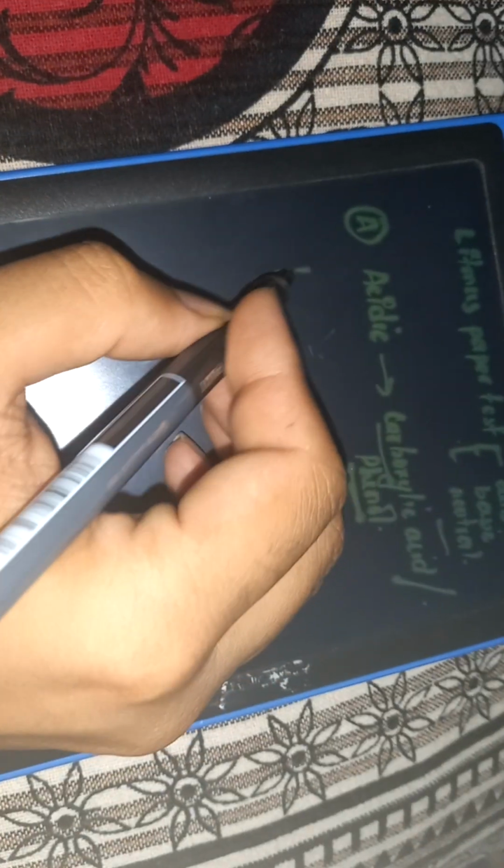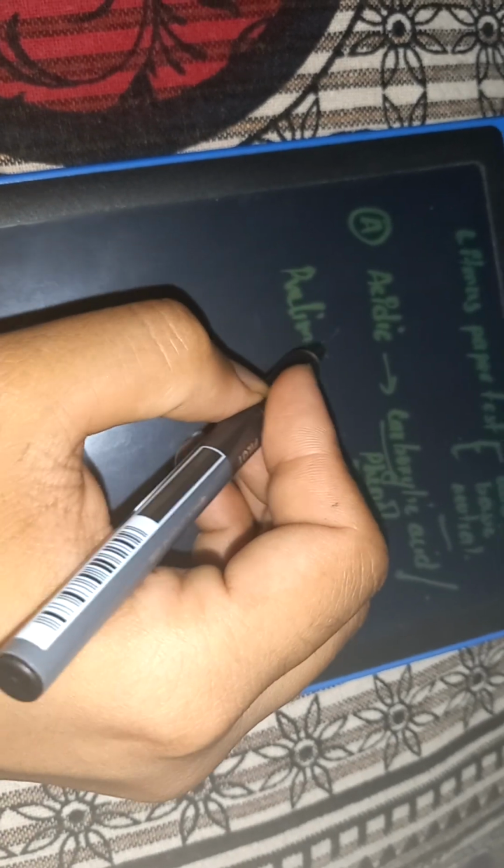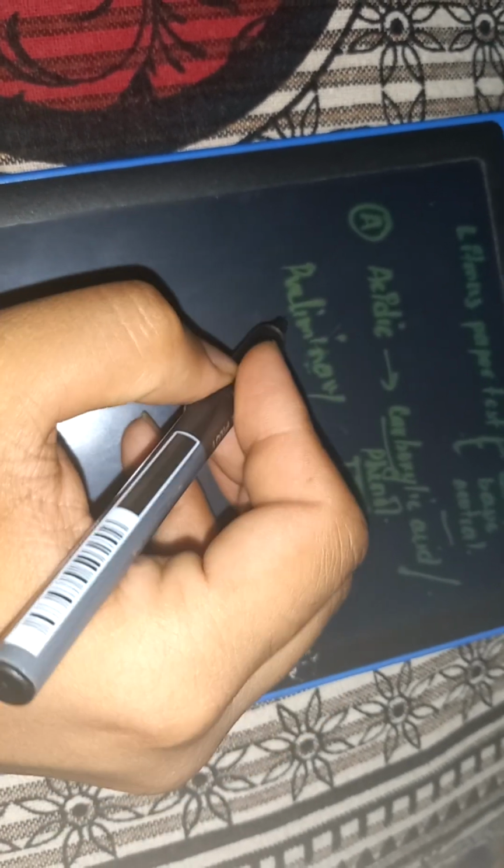For this, first we will do a preliminary test. In this test, you will use NaHCO3, sodium bicarbonate. You will give one sample, which will usually be liquid.